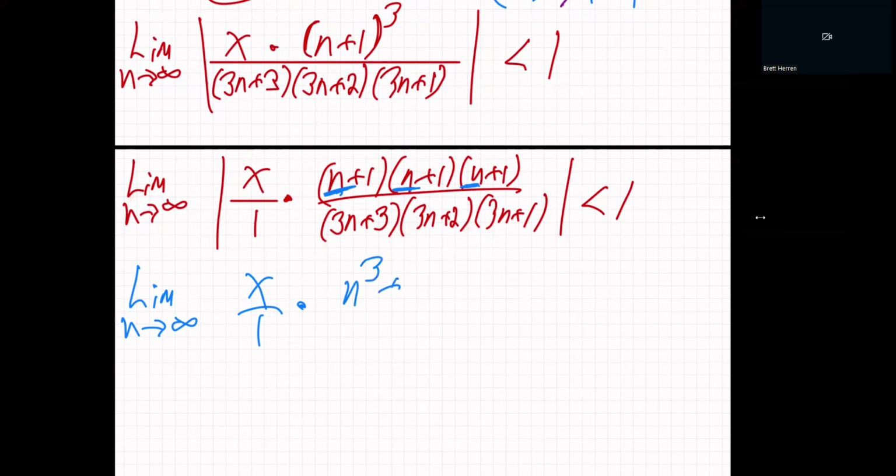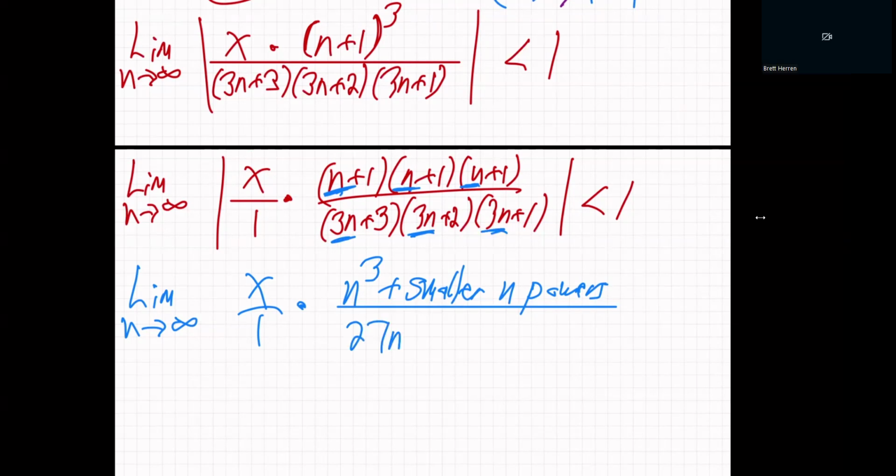That's n cubed plus smaller powers of n, over what's on the bottom. 3n times 3n times 3n, 27n cubed plus smaller powers of n. I don't really care about the smaller stuff. It's going to go bye-bye, right?